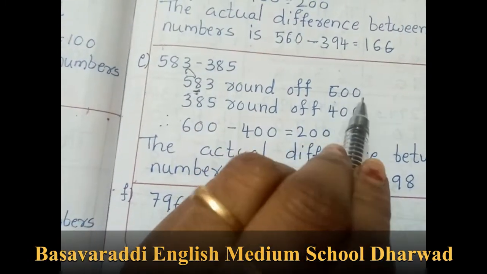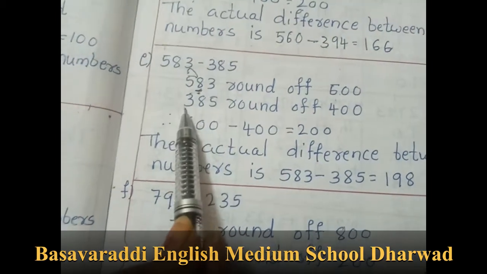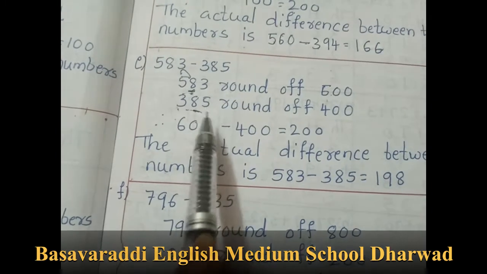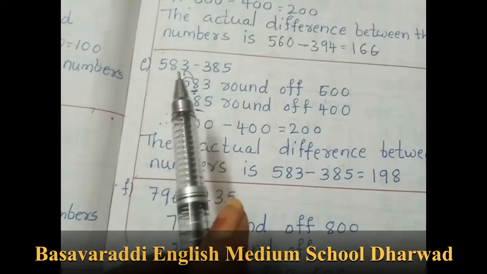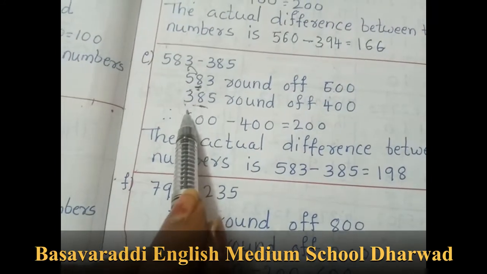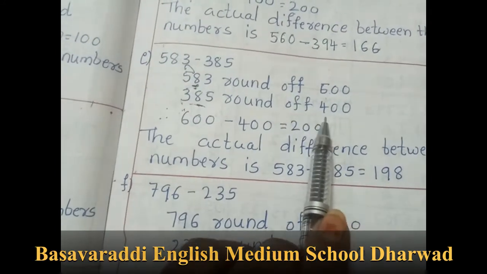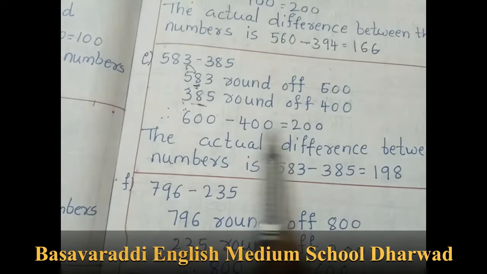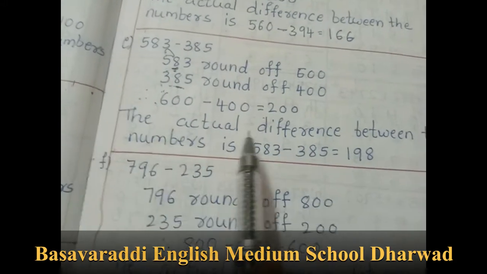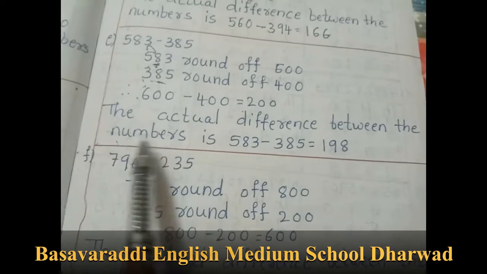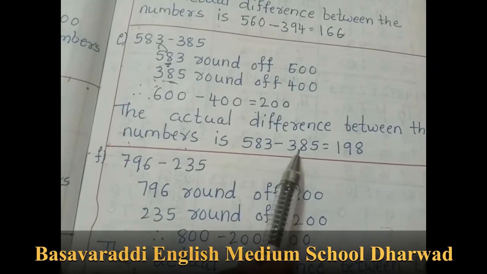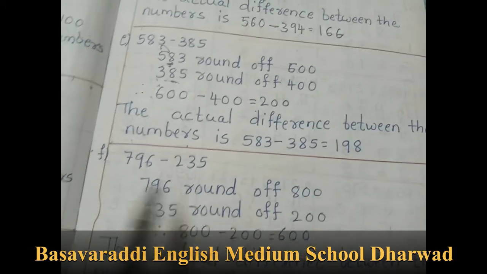The tens place is 0, ones place is 0. 385, you have to see the tens place and find out whether it is push up or push down. 8 is a push up to the 100 place. Then 3 plus 1, 4, tens place 0, ones place 0, 400. 600 minus 400 is equal to 200. The actual difference between the numbers, 583 minus 385, is 198.